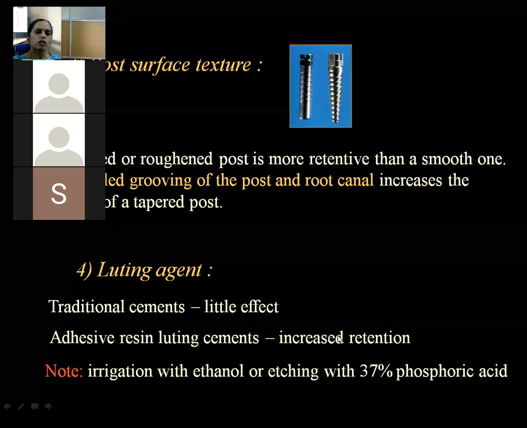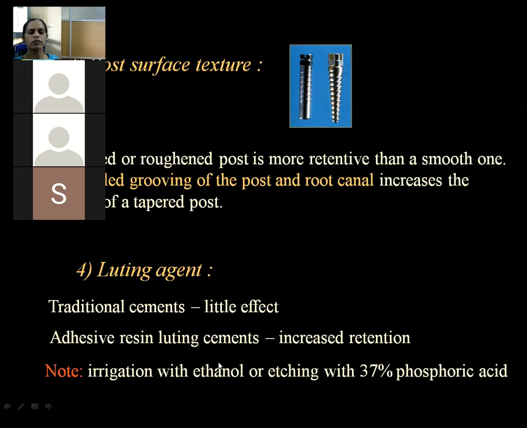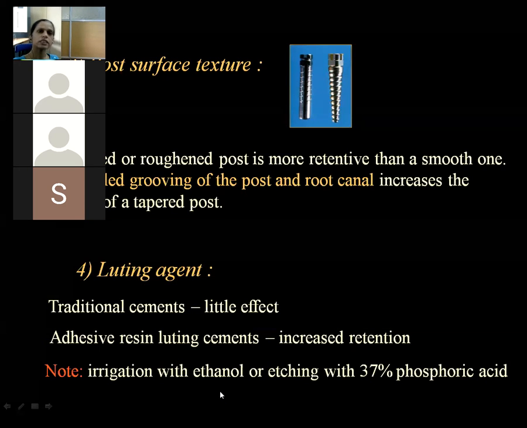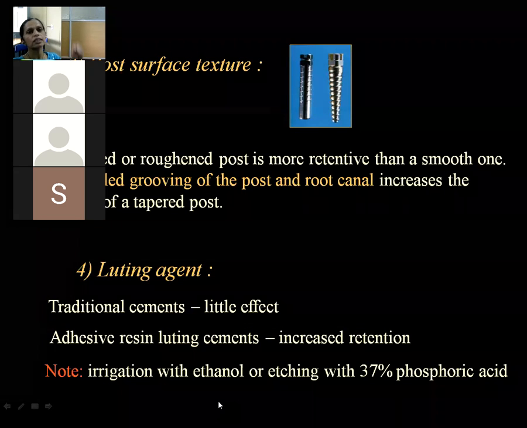Before luting, you have to take two precautions. One is to irrigate the root canal with ethanol. Why irrigate the root canal with ethanol? See, almost always we are using sealer. Sealer is the cement which we use in the obturation.